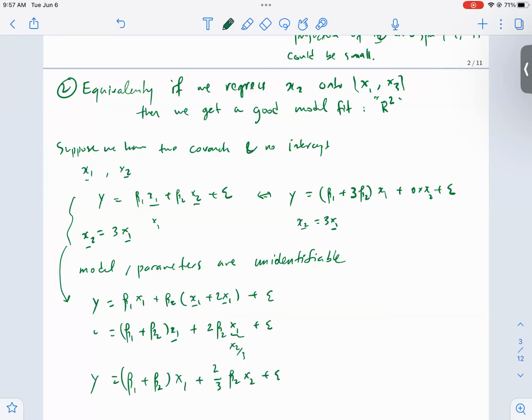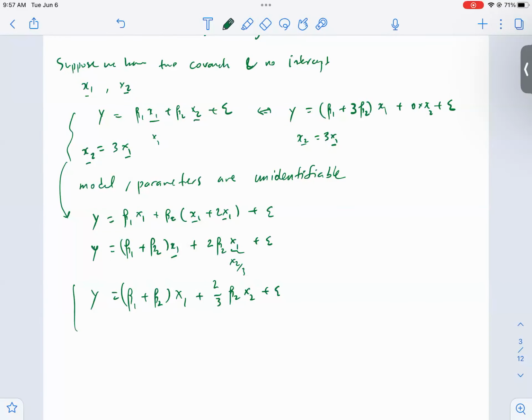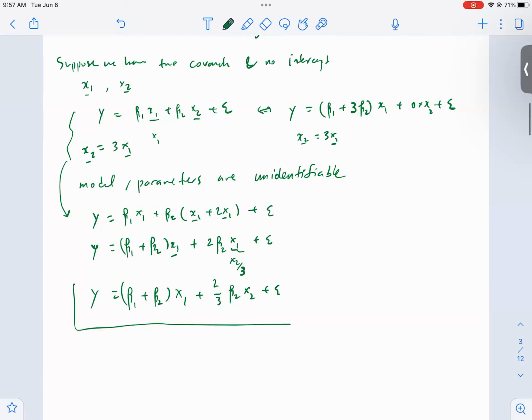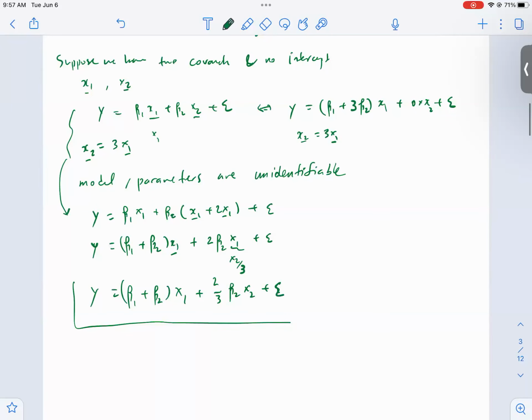So that would be it. So this is another one. Write it like that, take one here and then replace this with x2 over 3, so you get 2/3. So you can basically get any kind of beta 1, beta 2 you want.